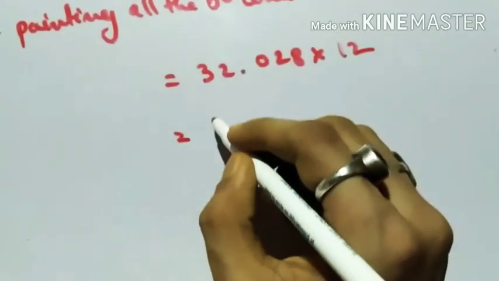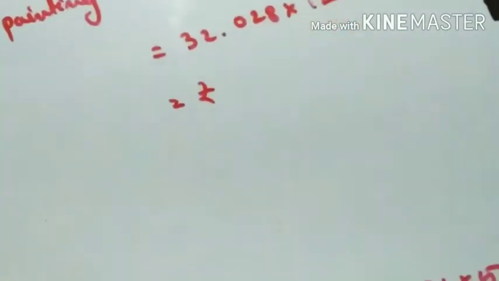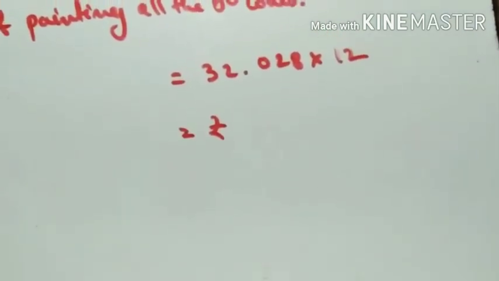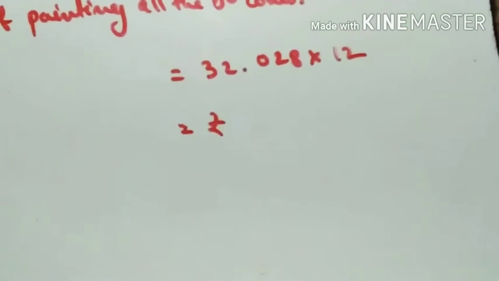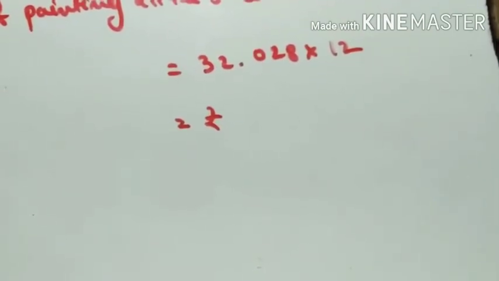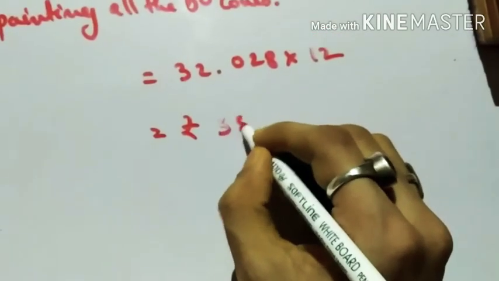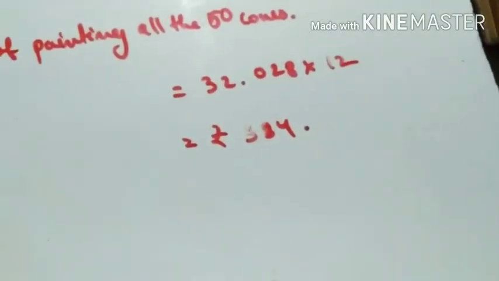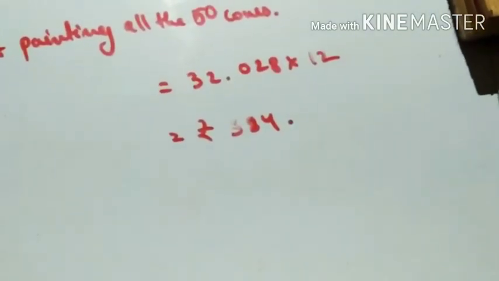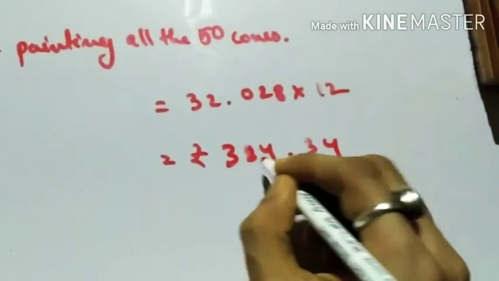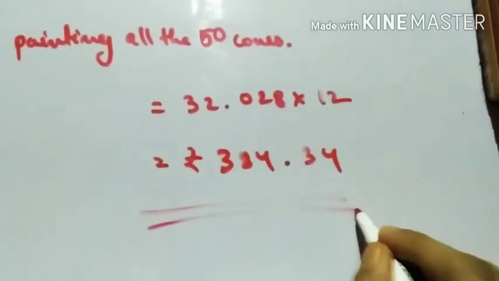It will be in rupees. 32.028 into 12, if I do, I will get 384.34. So rupees 384.34. Let's check the back answer one time.